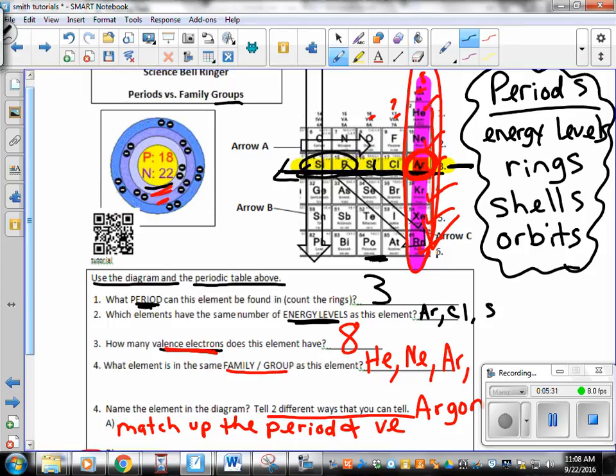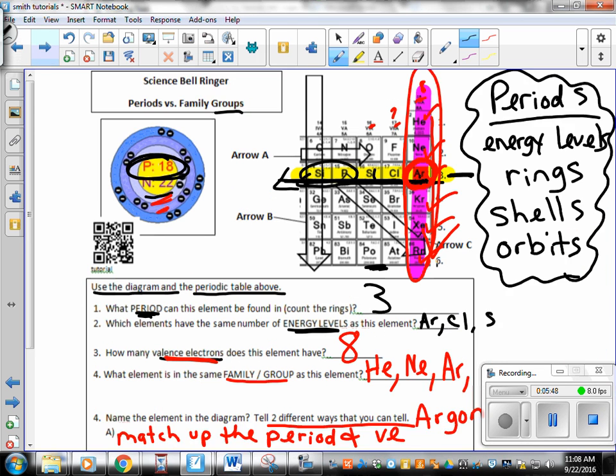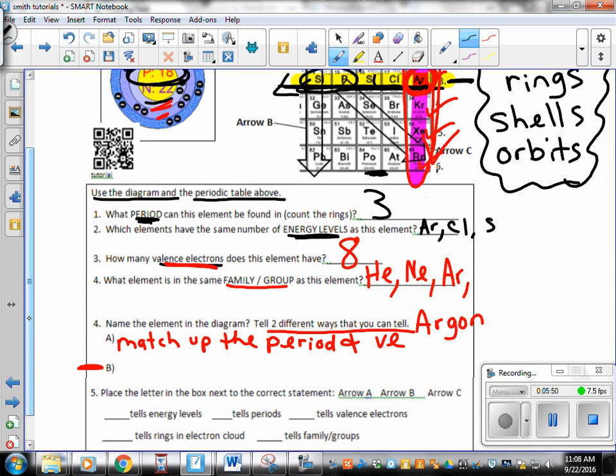So this tells me that it has 18 protons. Now it's hard to see on this little snippet, so I'm going to go back to this periodic table. 18 right here is argon. Remember, number of protons is the atomic number. So I can look at the protons.